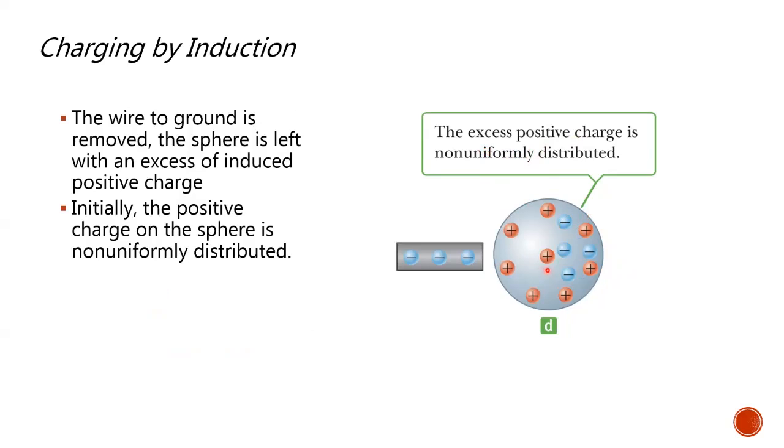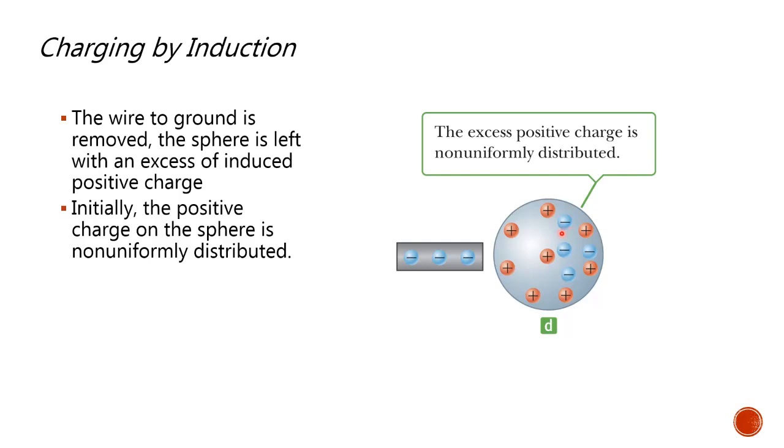If you remove the wire to ground, the sphere is left with an excess of induced positive charge. So there is induction happening. Initially, the positive charge in the sphere is non-uniformly distributed.